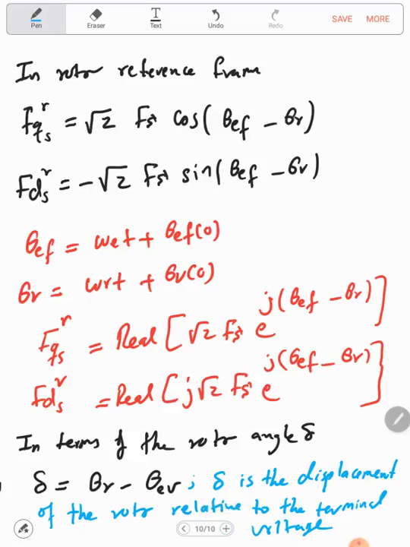So if we use the rotor angle instead of theta_r, theta_r will equal delta plus theta_ev.